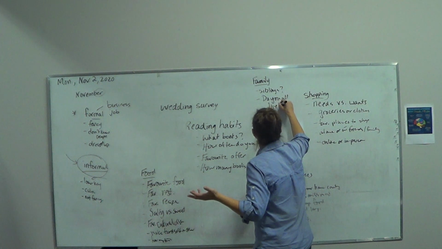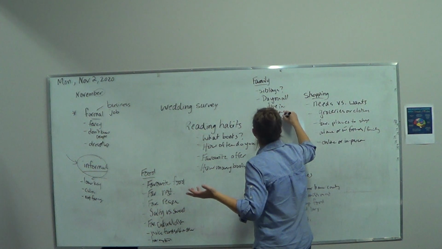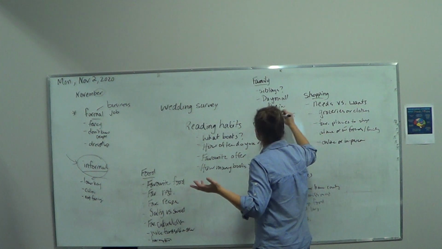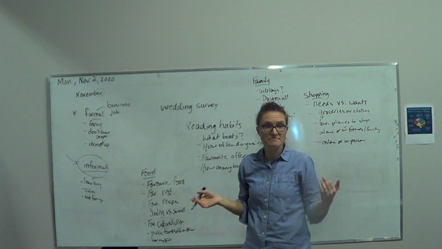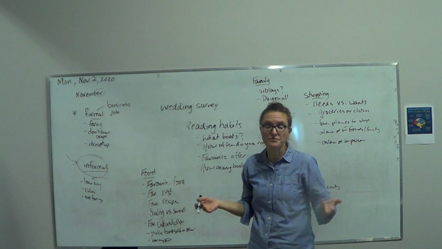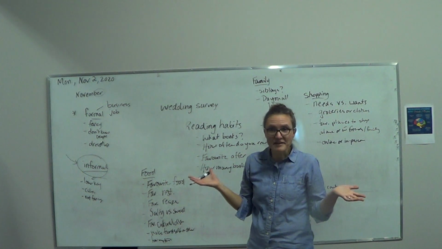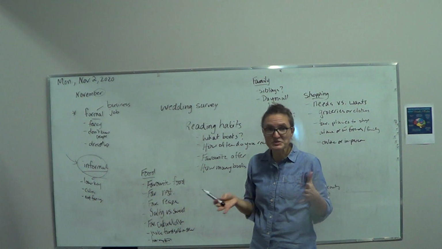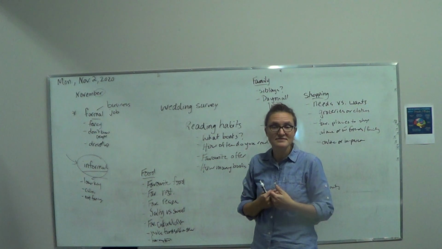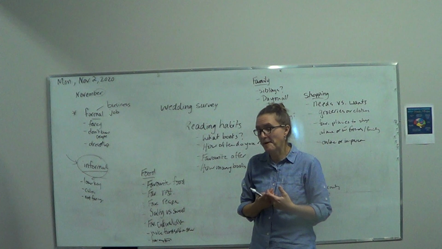What else? What are the occupations of some of your family members? What do they do? Other things about family? Do you have any children? Lots of things you can find out about people's family.